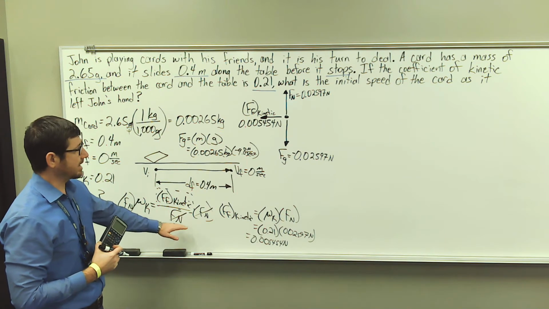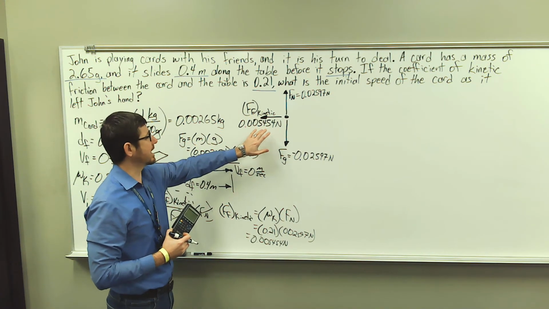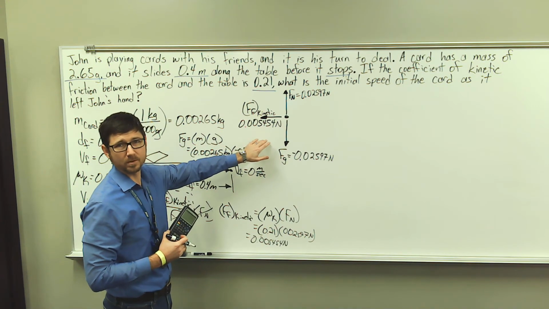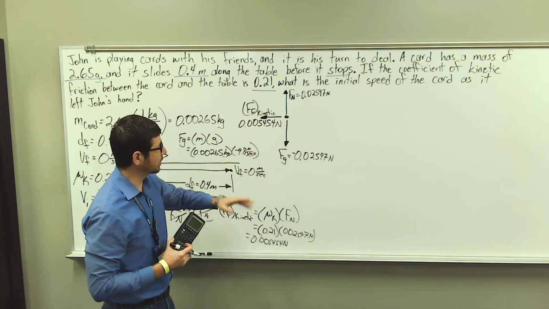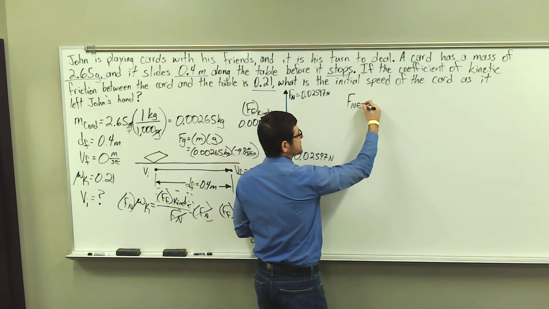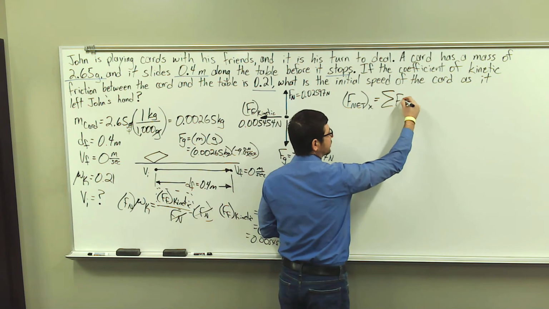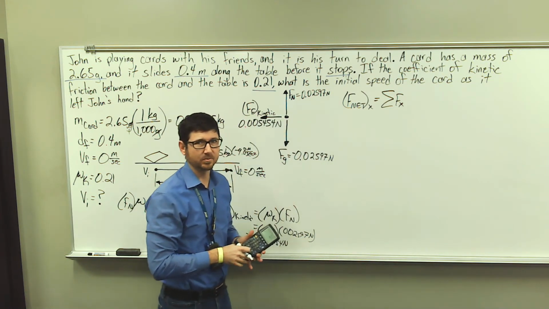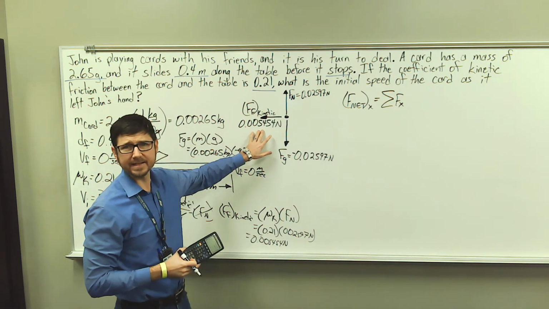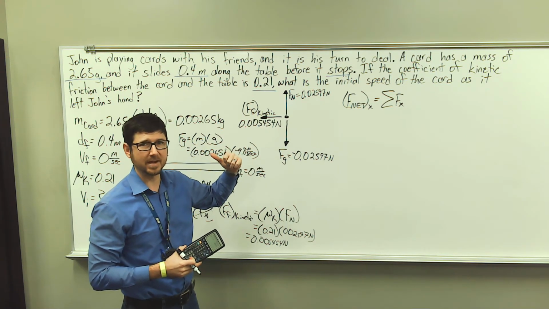Okay, now that we know this, we need to identify the net force in the x direction. Well, we know that F net in the x direction is equal to the sum of the forces in the x direction. Well, we only have one force here, and it's pointing in the negative x direction.